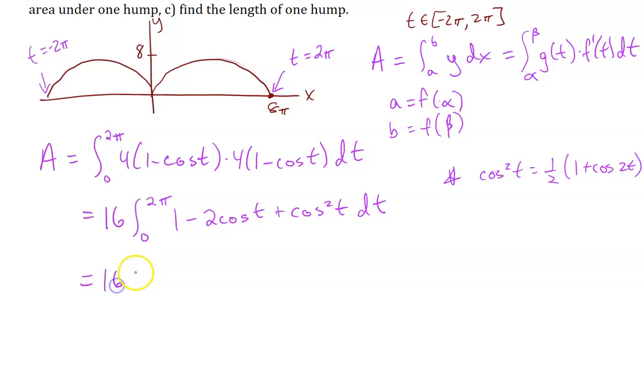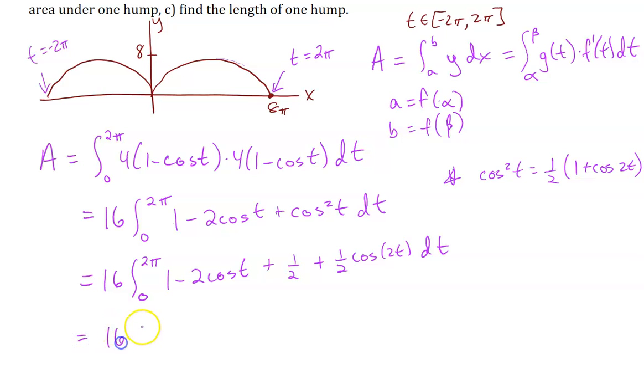So this becomes 16 times the integral from 0 to 2 pi of 1 minus 2 cosine t plus, and I'm doing the whole half-angle identity in here, so 1/2 plus 1/2 cosine of 2t, then dt, okay? And I'm writing it like this instead of the 1 plus cosine 2t because I'm going to combine this 1/2 with the 1.